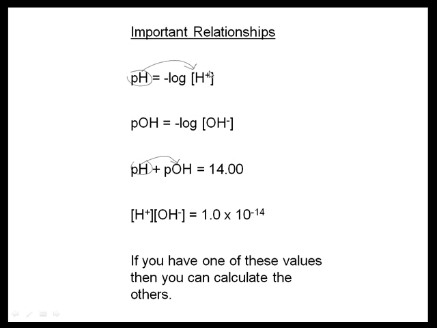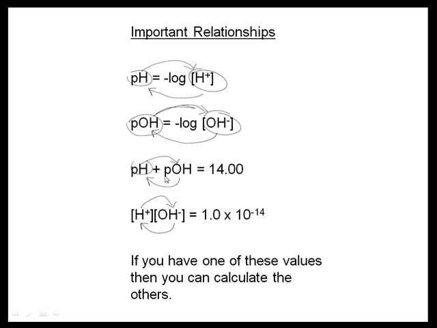For instance, if you have pH, then you can calculate H plus or pOH. If you have H plus, then you can calculate pH, or you could calculate the concentration of OH. If you have the concentration of OH, you can calculate pOH, or you can calculate H plus. If you have pOH, then you can calculate OH minus or pH.